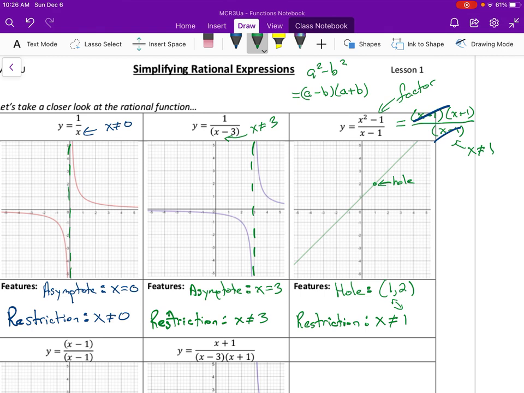This is what happens when you have a common factor in the numerator and the denominator. When I divide out these two common factors, it creates a hole. So anything that is a common factor, when it divides out, creates a hole. Versus if I go back to the first two examples, nothing divided out, and it created an asymptote. And that's what's going to happen.